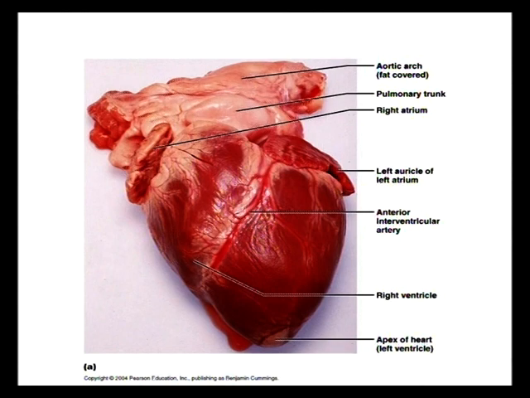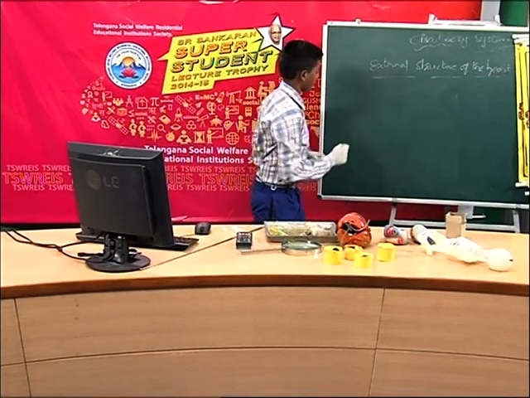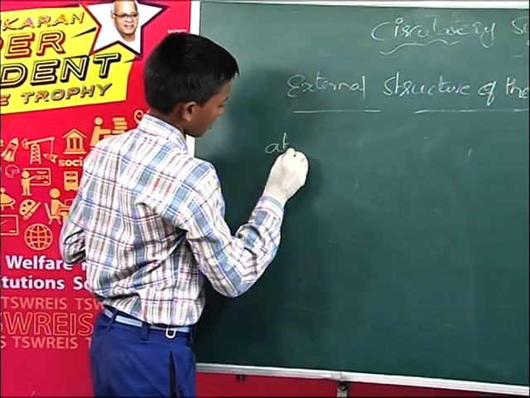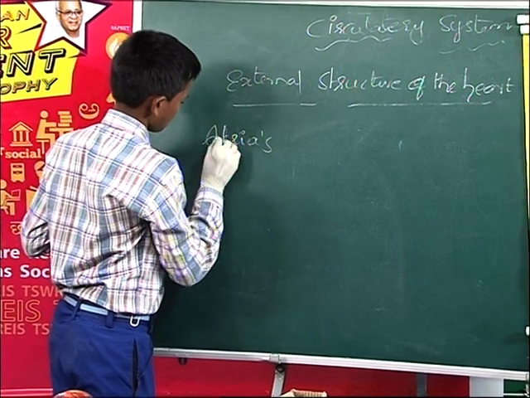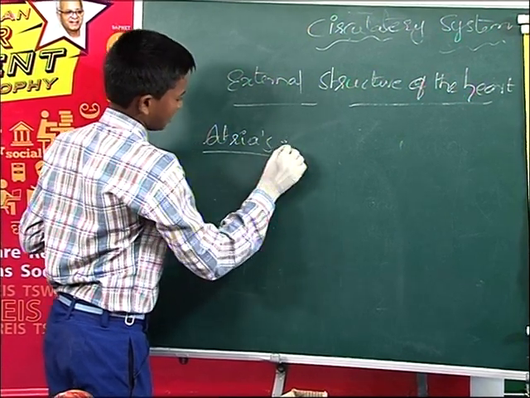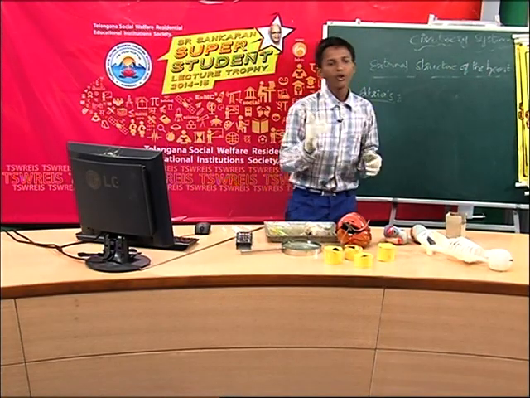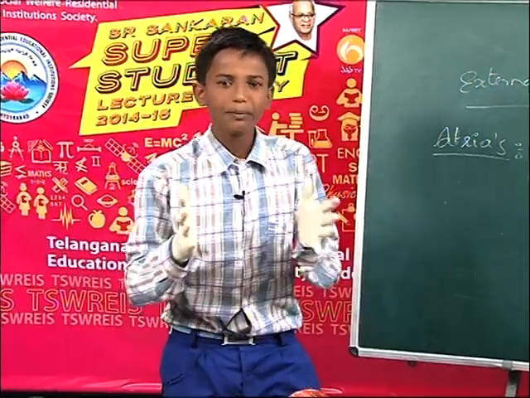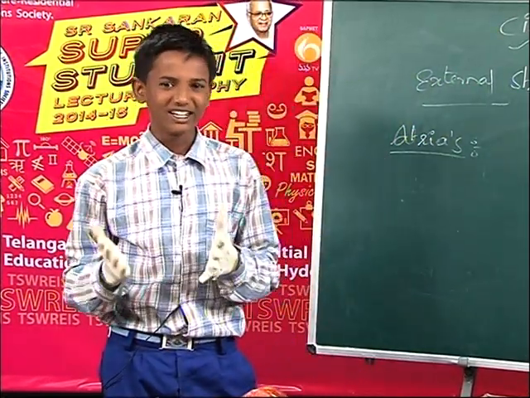So Tswreis, now we learn about the atria. The heart is divided into 4 parts by the deep transverse groove. So upper two are the atria, lower two are the ventricles.